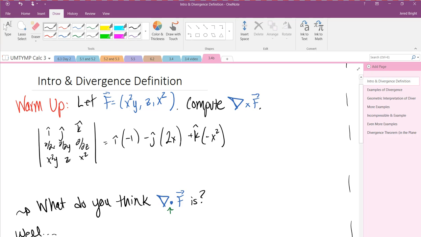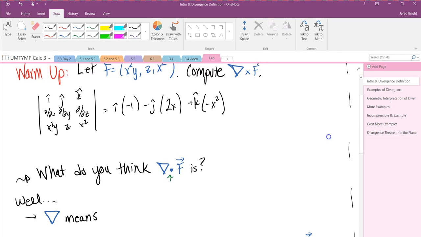Okay, but so this was the gradient across the vector field. What do you think about the gradient dotted with the vector field? We can do this because remember the gradient is, or not the gradient, but the del operator.